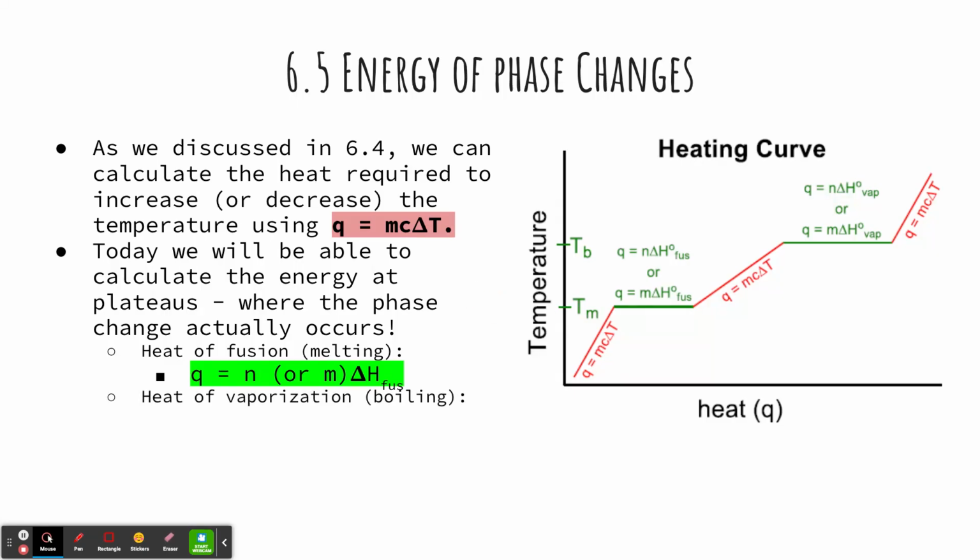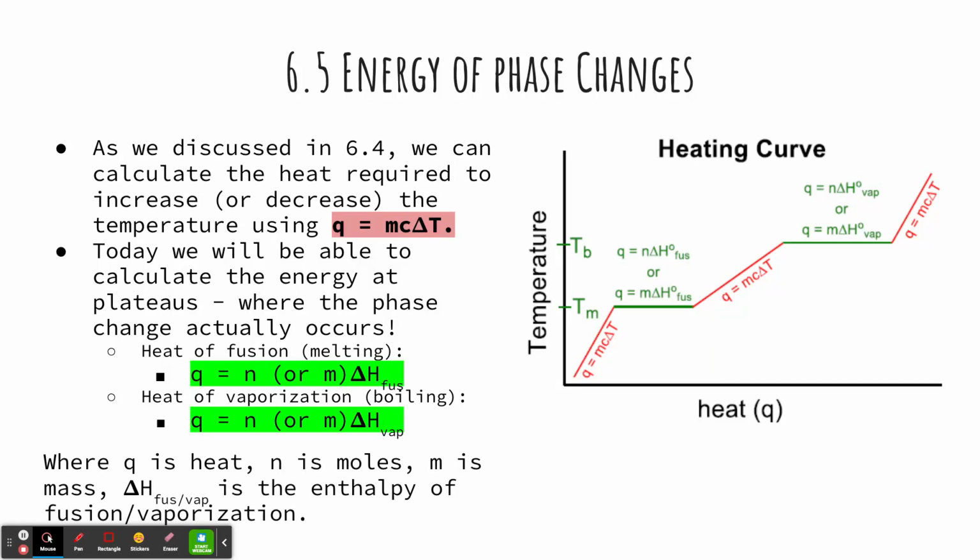The heat of vaporization, which is its boiling point, we're going to use Q equals the number of moles times the enthalpy of vaporization, or the mass times the enthalpy of vaporization. So two very simple equations at these plateau points. Just as a quick reminder, Q is your heat, moles is N, mass would be M, delta H, fusion or vaporization, is the enthalpy of fusion or vaporization.